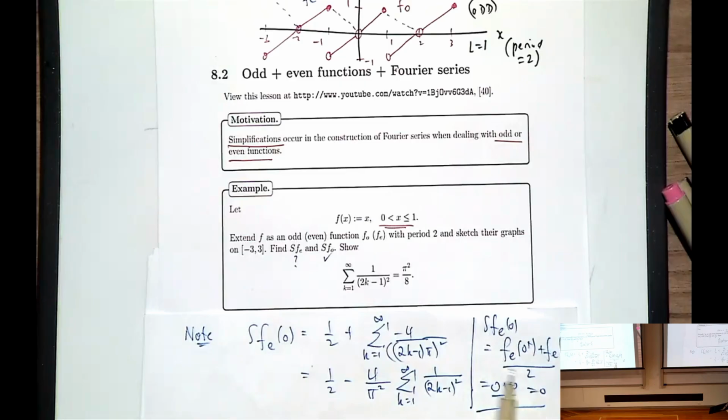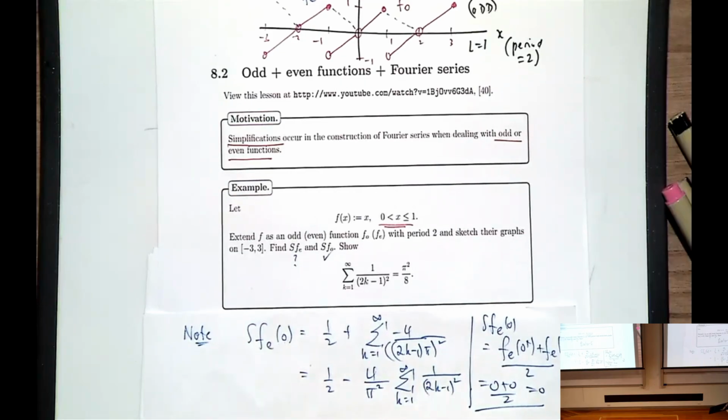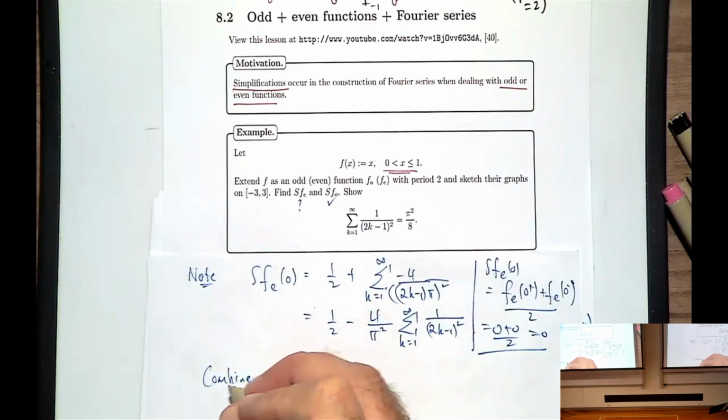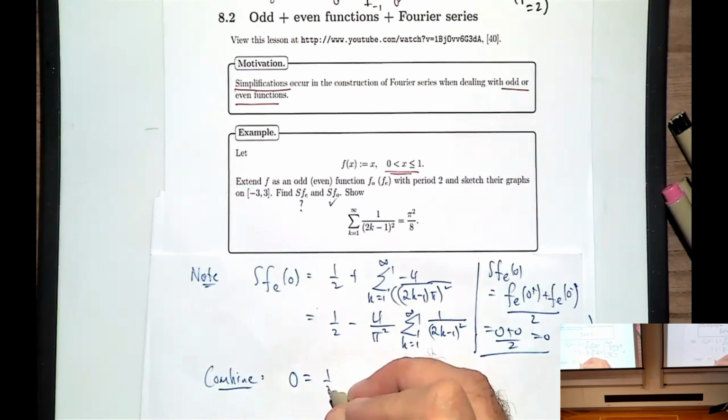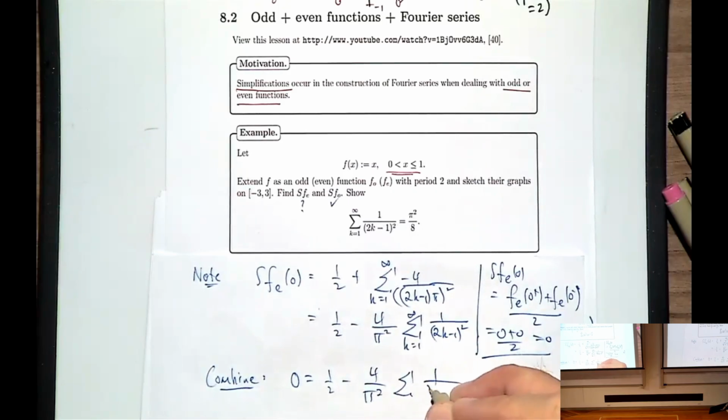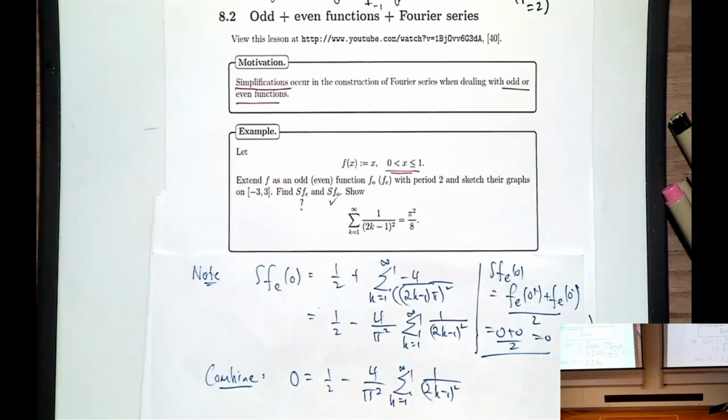So this thing's 0, this thing's also this mess. We combine. So we move it around.